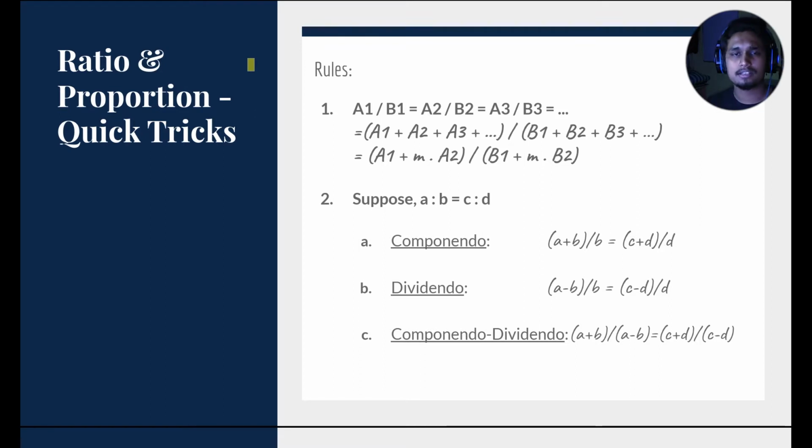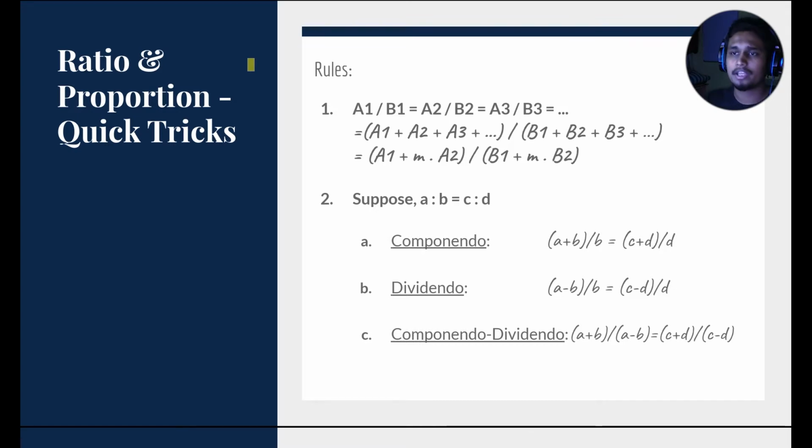If these fractions are the same, then the fraction a by b is always the same. So we can say that if we add all the numerators and divide by the sum of all the denominators, we will get the same ratio or the value of the same fraction.